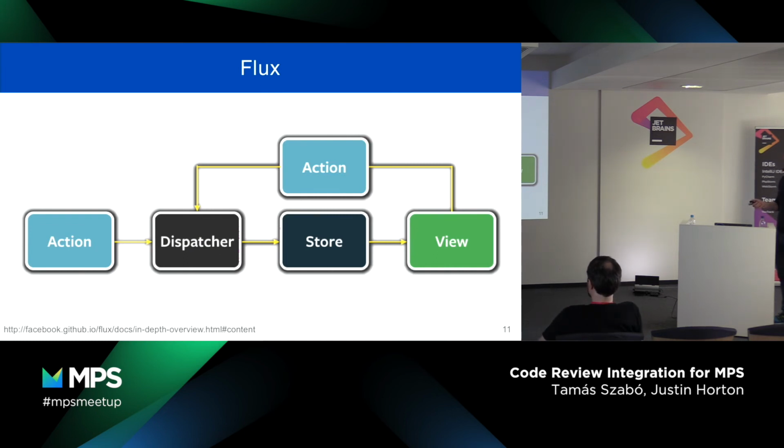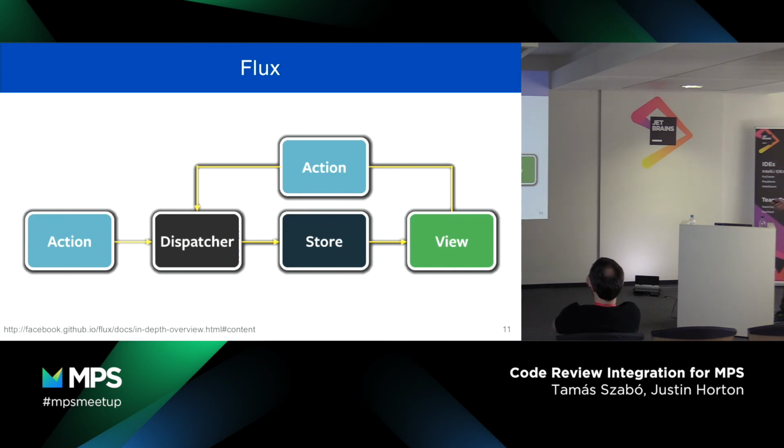Actions then flow to the dispatcher, and then there are these stores which are essentially responsible for storing the business logic and the business data. Stores register callbacks in the dispatcher, and then the dispatcher knows which store is interested in which actions, and it distributes those actions to the respective stores.